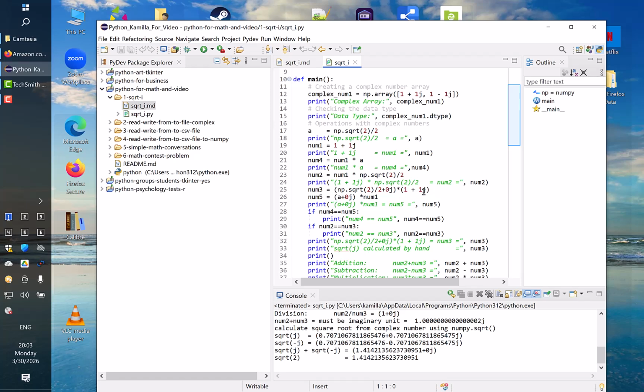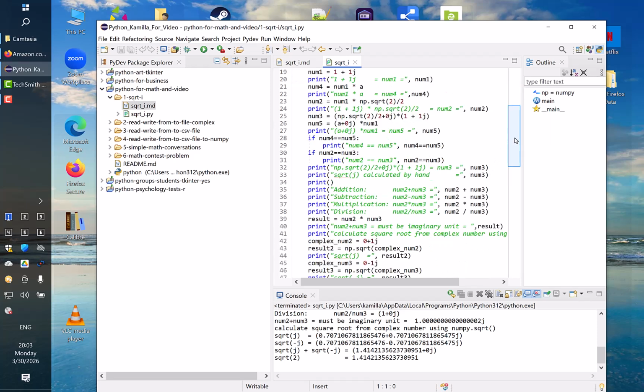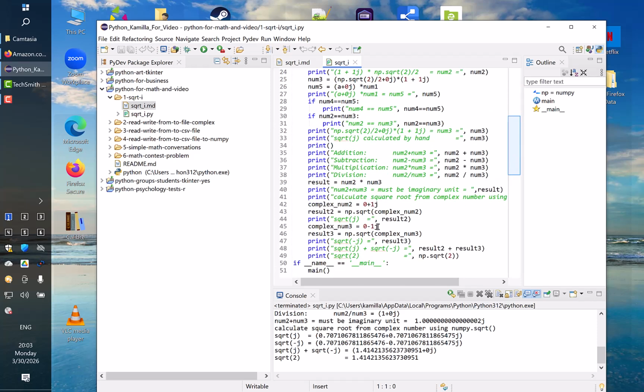We check it, right? num3, but we also need to calculate what is the square root of i. So you have this one, complex number 2, 0 plus 1j, and we use numpy's sqrt, and we calculate it and we output it.